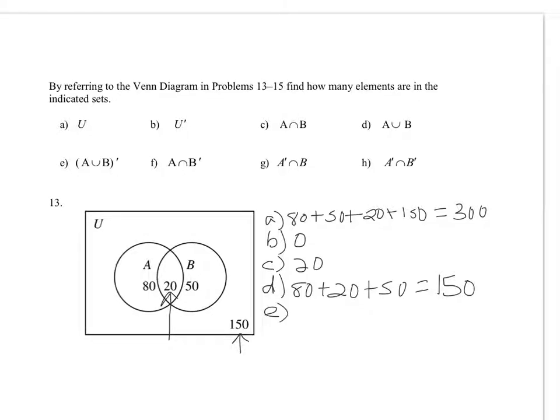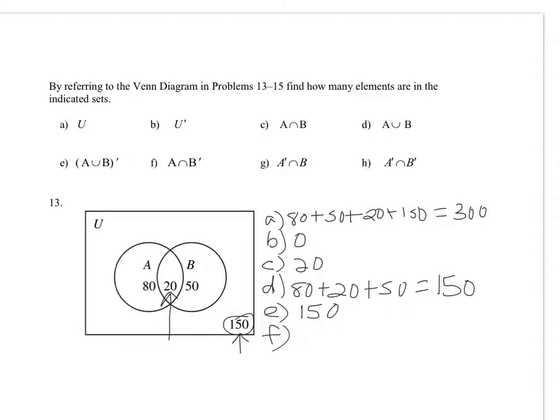Now on E, we want A union B complement, or A union B prime. So if I were to look at everything that is in either set A or set B, the complement means I want everything except that. So if I look at everything that's outside the circles, it's going to be 150. And it's this 150 right here.